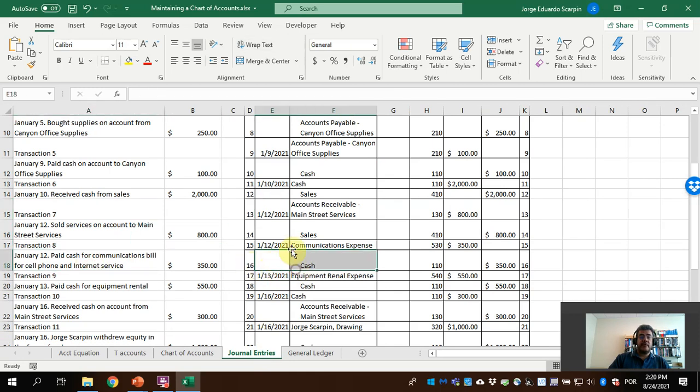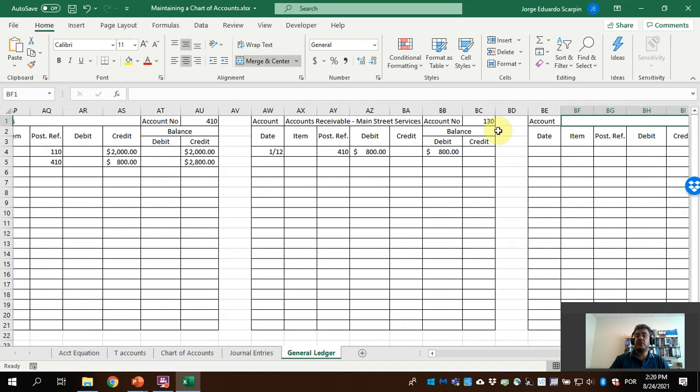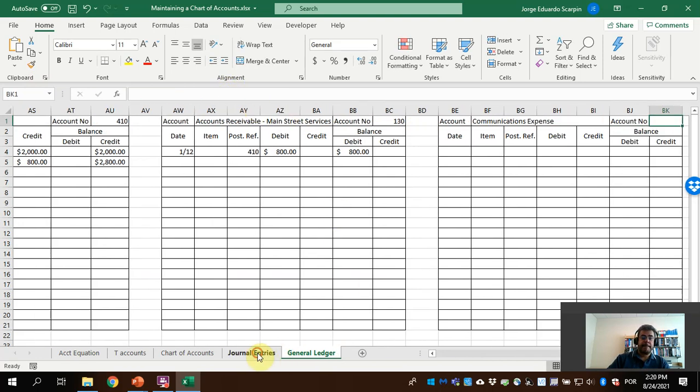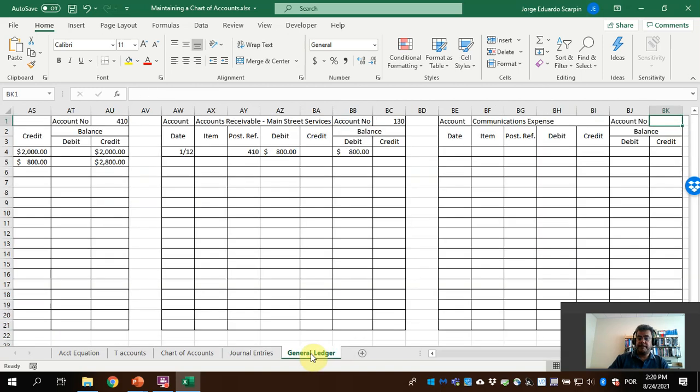8. Communication expense and cash. No ledger for communication expense yet. So let's do it here. 530.